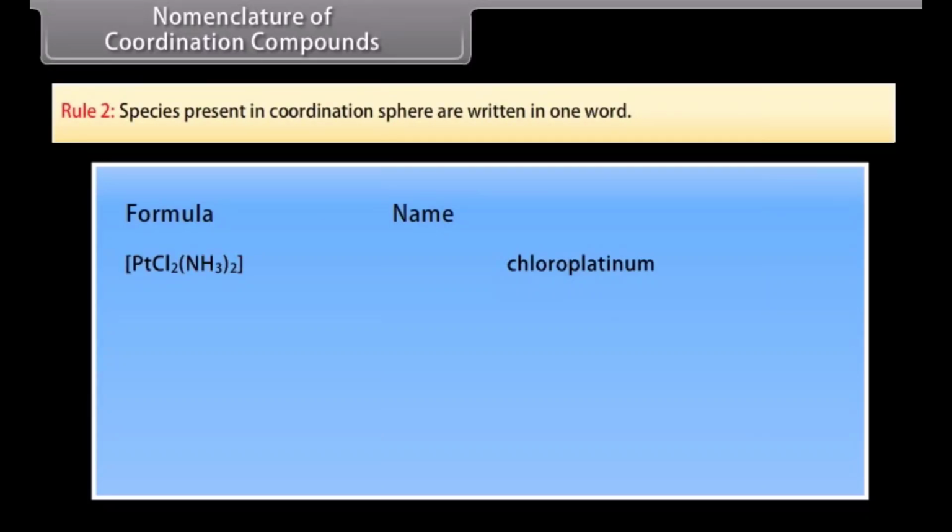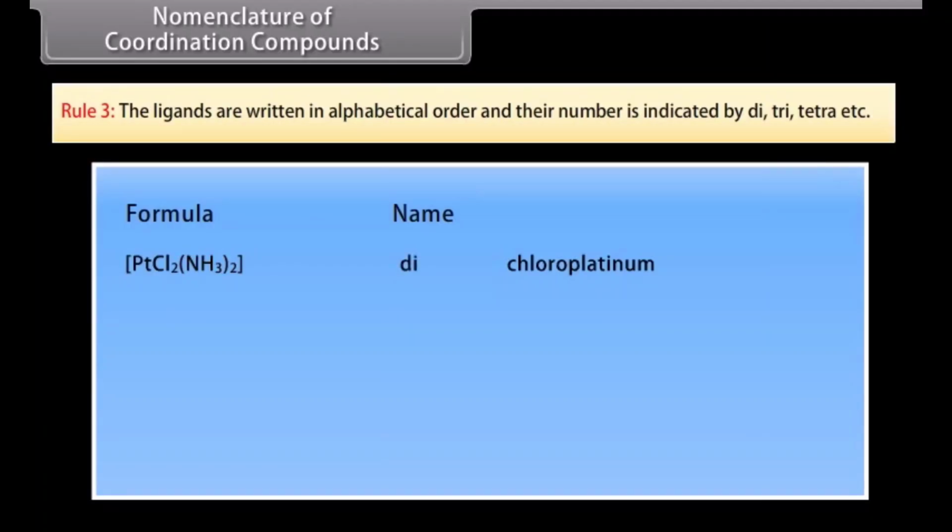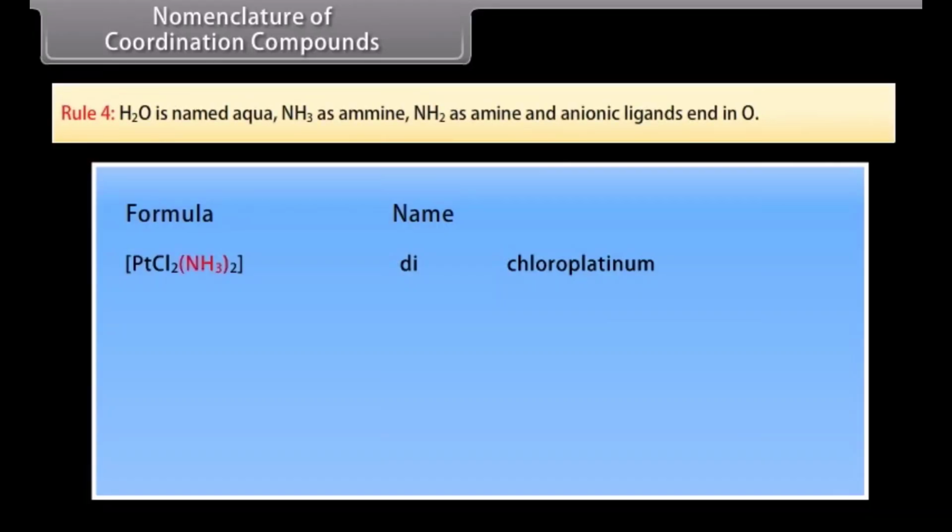Species present in the coordination sphere are written in one word. Rule 3. The ligands are written in alphabetical order and their number is indicated by di, tri, tetra, etc. Rule 4. H2O is named aqua, NH3 as ammine, NH2 as amido, and anionic ligands end in o.